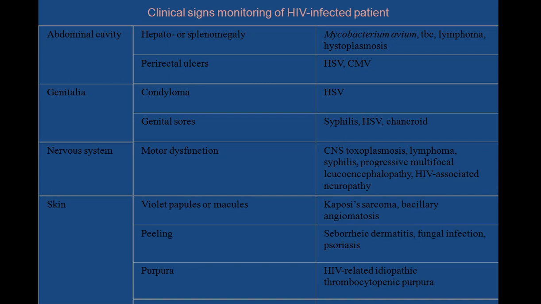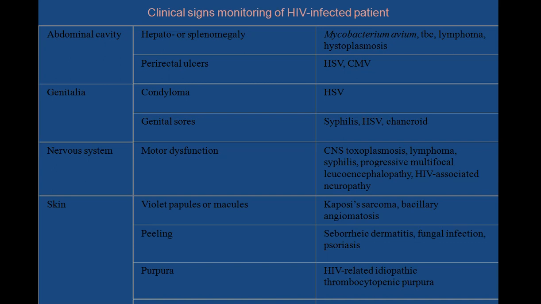Nervous system: motor dysfunction, CNS toxoplasmosis, lymphoma, syphilis, progressive multifocal leukoencephalopathy, HIV-associated neuropathy. Skin: violet papules or macules, Kaposi's sarcoma, bacillary angiomatosis.